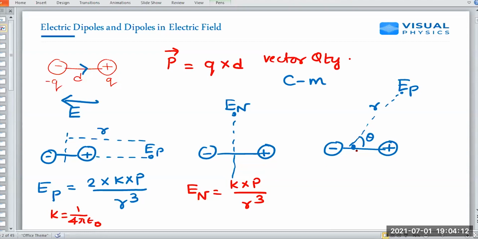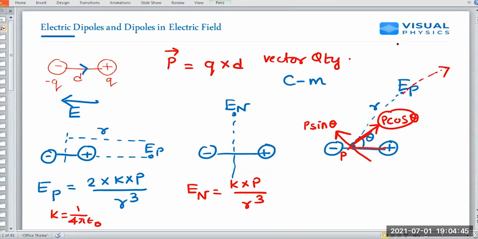For a general point, because my dipole is like this, I can resolve my dipole into parallel and perpendicular components. So if this is my P, then this component will be P cos theta and this component will be P sin theta. For P cos theta, this point is lying on its axis, so using the formula I can write it as 2K P cos theta upon R cube.